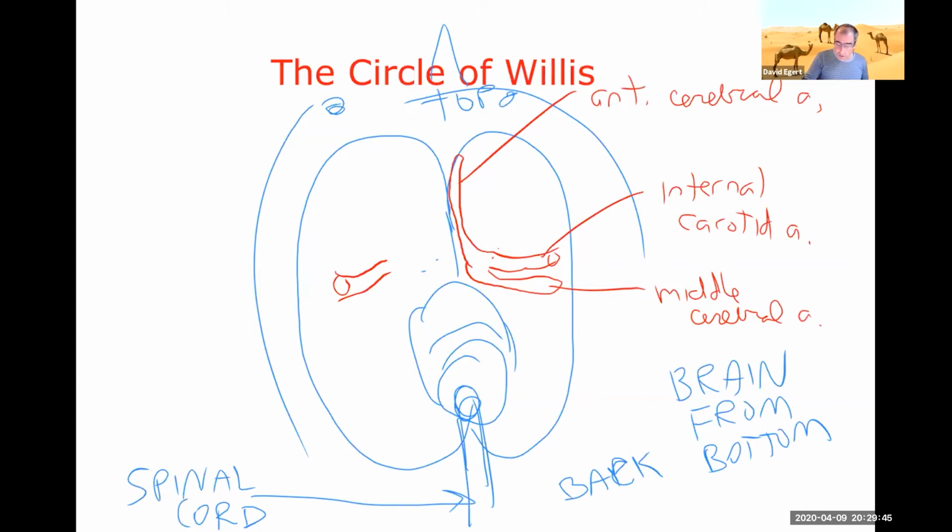This internal carotid is coming up from the carotid canal, from the floor of the cranial vault. Then as it comes up beneath the brain, there's a branch that goes forward, right in that crack between the hemispheres, called the anterior cerebral artery.